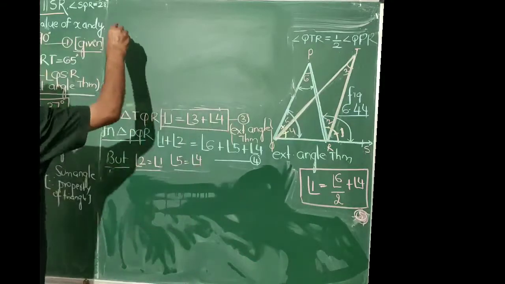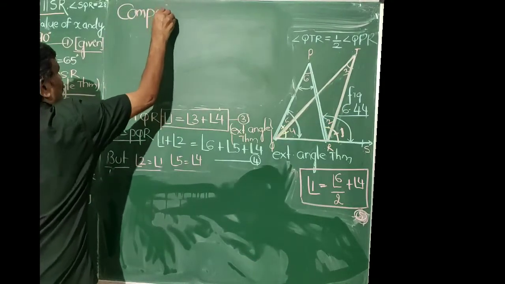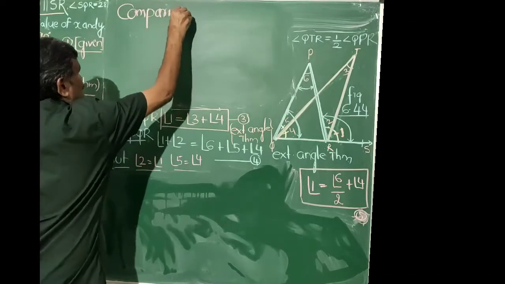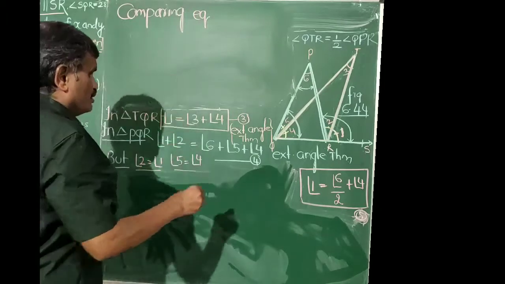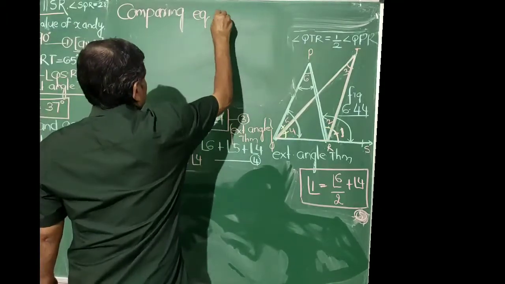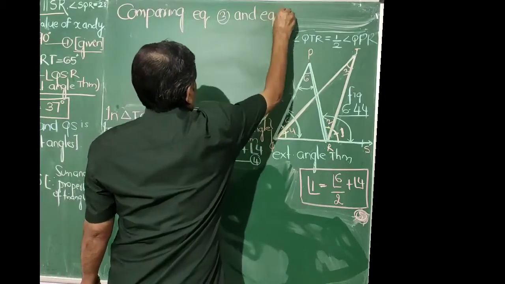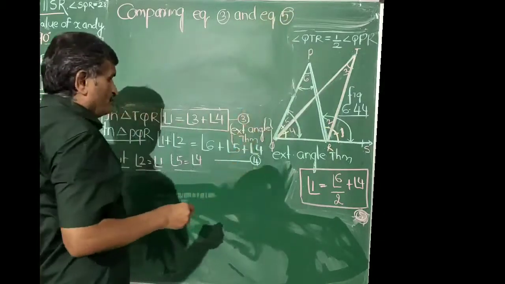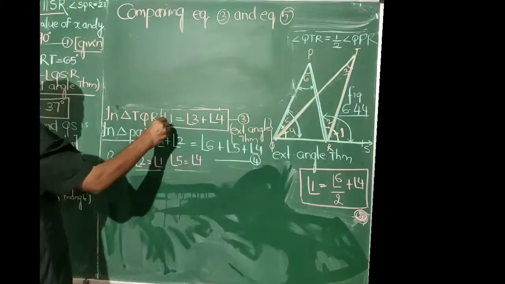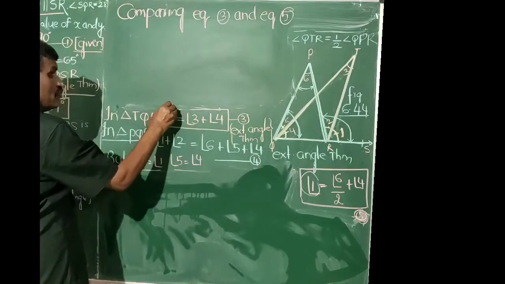So what I will do here is compare equation 3 and equation 5. See here, if we compare, left hand side is equal to left hand side: here also angle 1 is there, here also angle 1 is there.